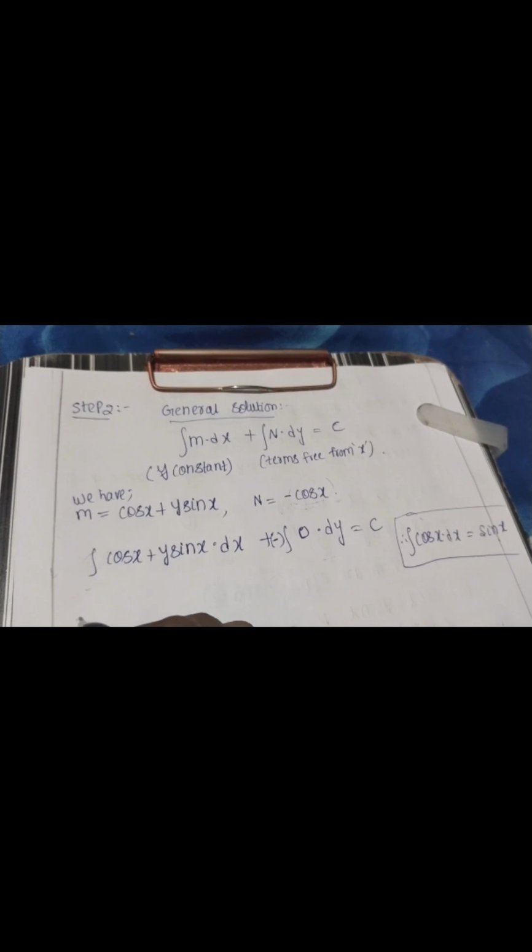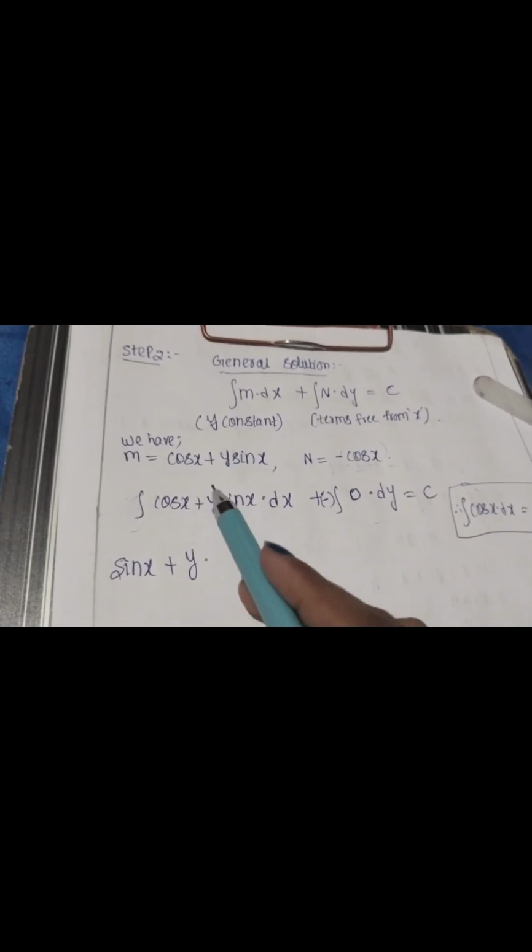So now let's ignore this whole term and just solve this one. Integration of cos x is sin x. That is sin x plus, as we are keeping y as constant, we should not do anything for it.